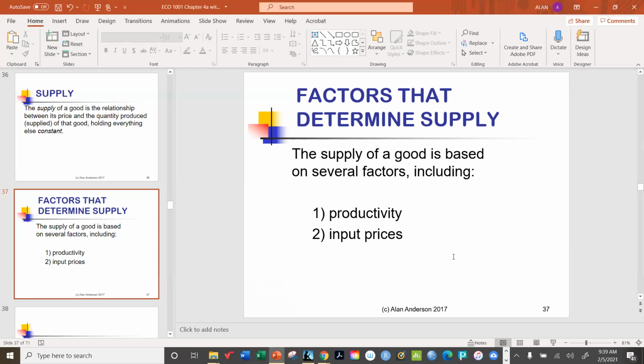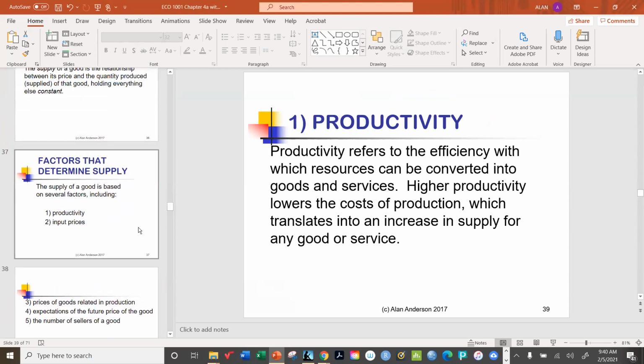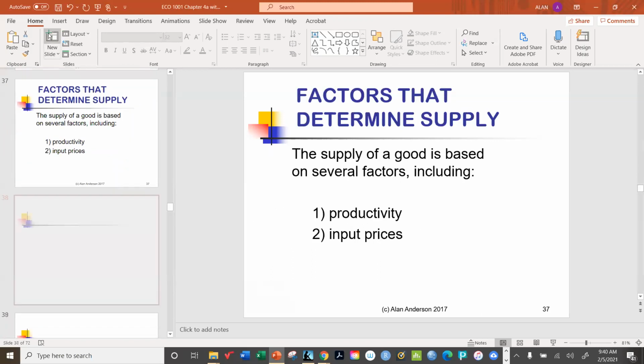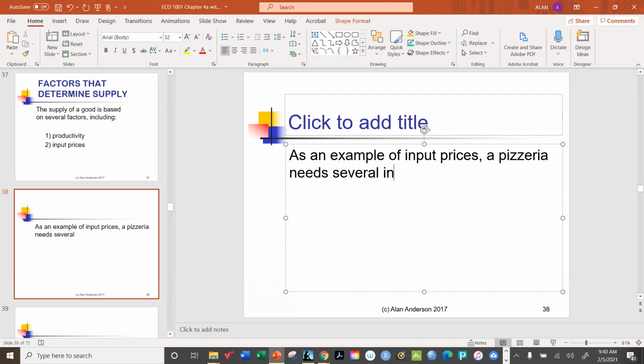Let's go back to the example of the pizzeria. What kind of things do they need to make pizza? As an example of input prices, a pizzeria needs the following inputs to make pizza.